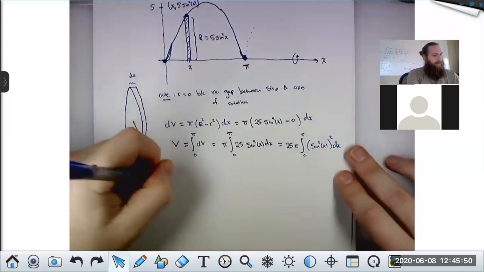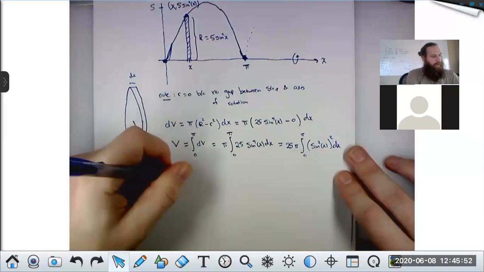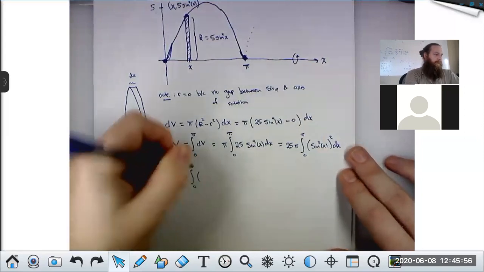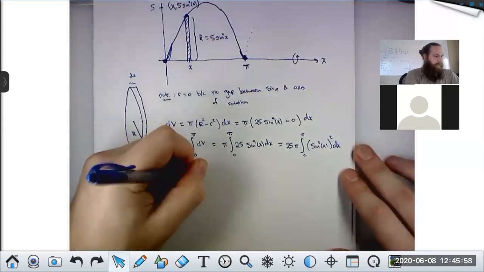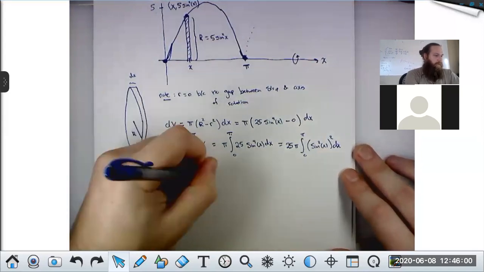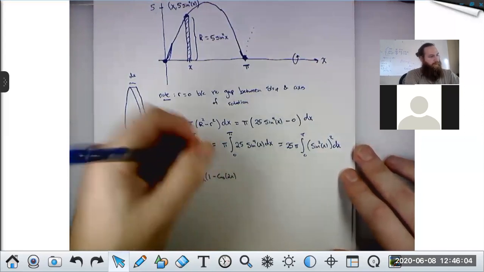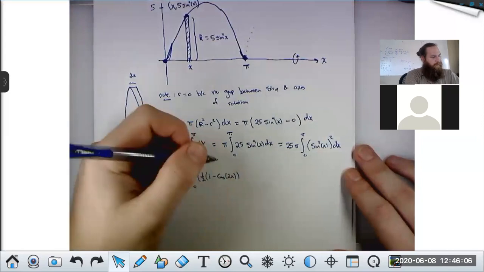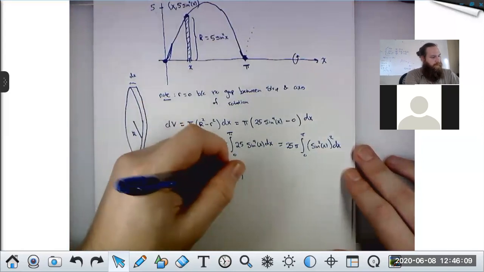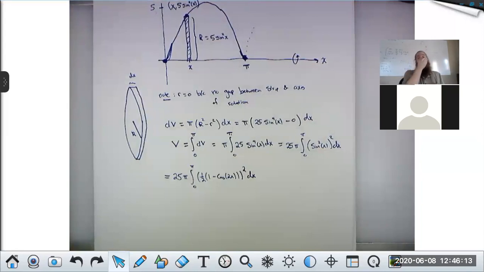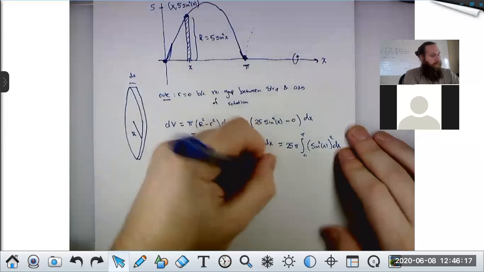So that volume is 25 pi times the integral from 0 to pi of 1/2 (1 minus cos 2x) all squared dx, which is going to give me 25 pi over 4.